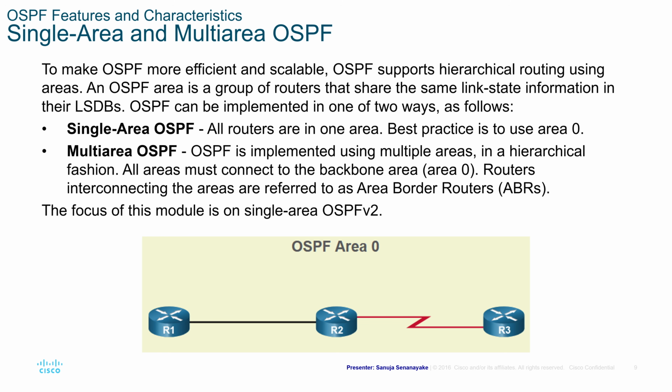All areas must connect to the backbone area, typically area 0, and routers interconnecting the areas are referred to as area border routers, also known as ABRs. You will hear that term and these concepts a lot as we go through this lecture series.